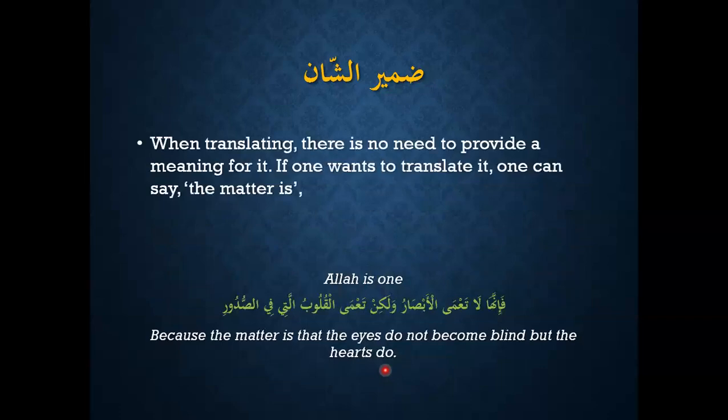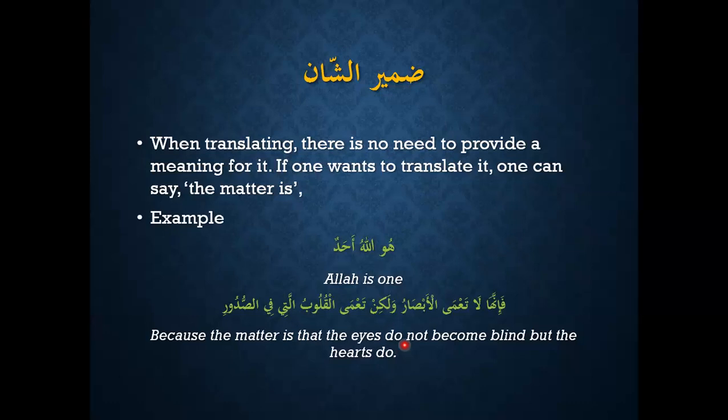When translating, there's no need to provide a meaning for it. If one wants to translate it, one can say the matter is, the shan is, the qissa is, the story is, the narrative is. You can use that because this is called the ضمير الشان القصة. But you say, Huwa Allahu Ahad. So see, you could just say Allahu Ahad, Allah is one. You did not need to say Huwa Allahu Ahad.